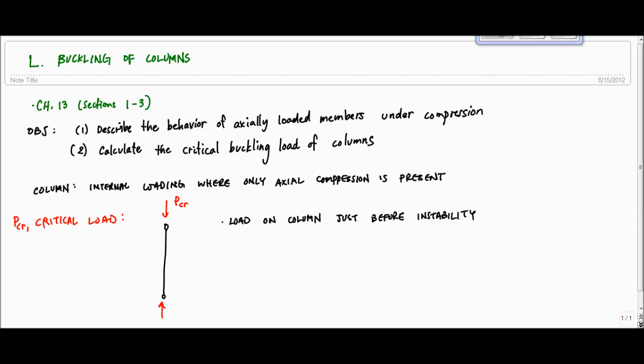And you're going to see terms like, and this actually in the world of structural stability, this is called a bifurcation point. Bifurcation point. It's that borderline between stable and unstable. Okay?